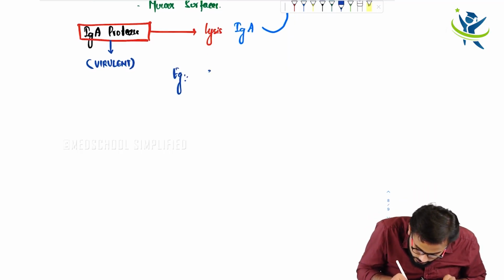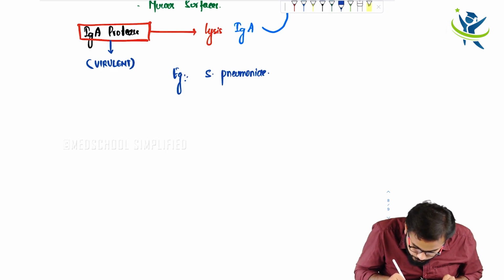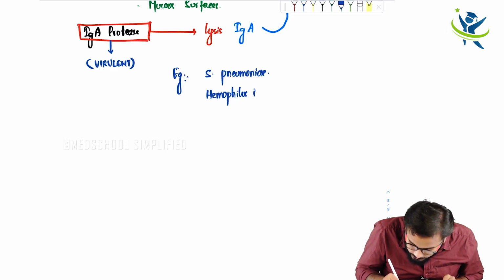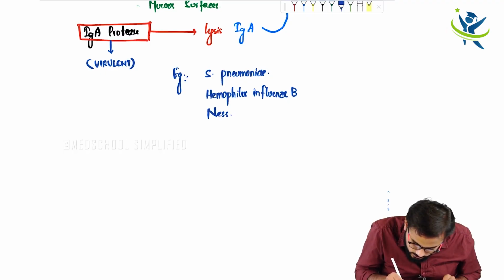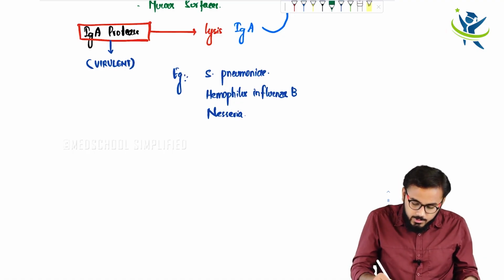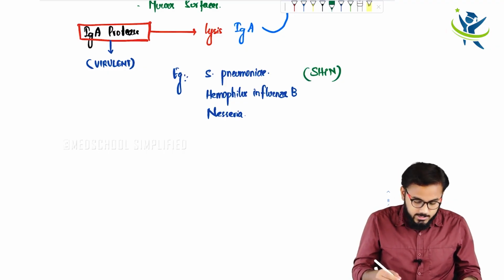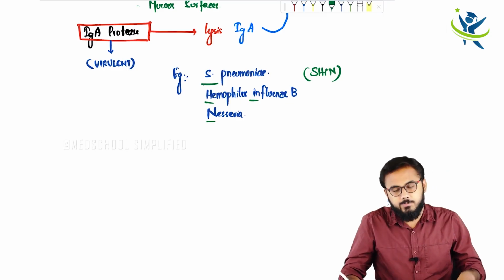Examples are Streptococcus pneumoniae, Haemophilus influenzae B, and Neisseria. Okay, so how do you remember this? By a mnemonic, SHIN. You know what is SHIN? S stands for Streptococcus pneumoniae, HI stands for Haemophilus influenzae, and N stands for Neisseria.